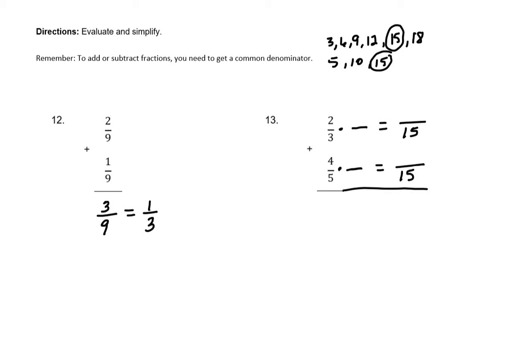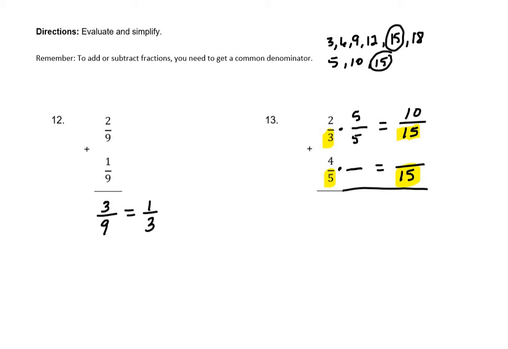So for this first fraction of 2/3, what do I need to multiply this 3 by in order to get this 15? Well, I need to multiply by 5. So I have to multiply numerator and denominator by 5, so I get 10/15. And for the bottom fraction, what do I need to multiply 5 by to get 15?